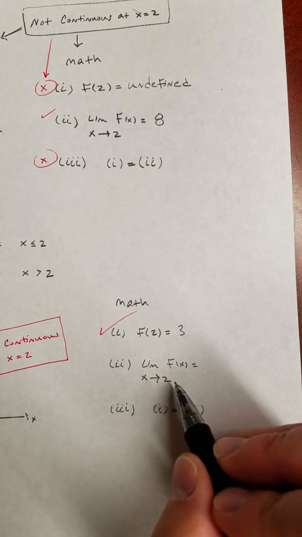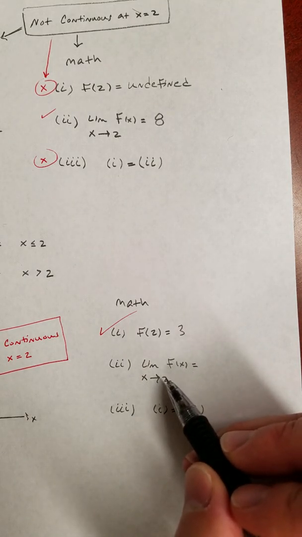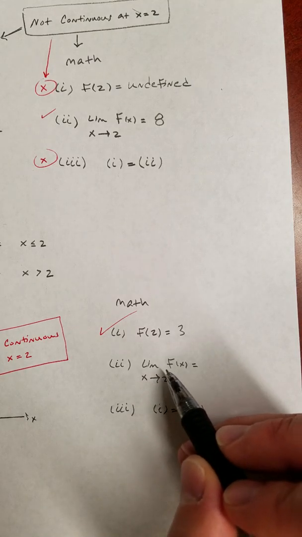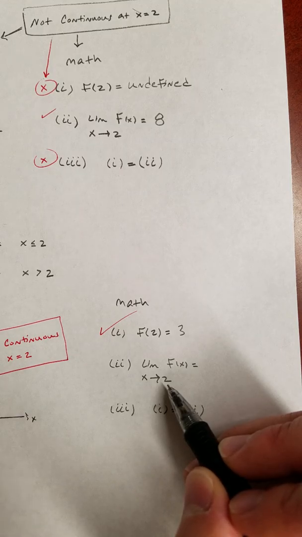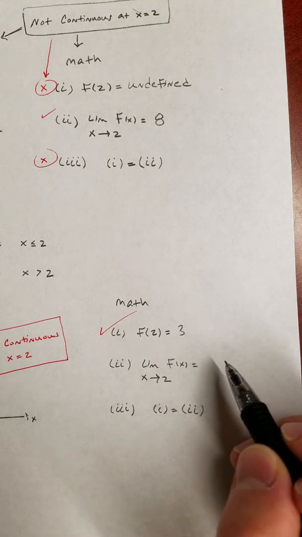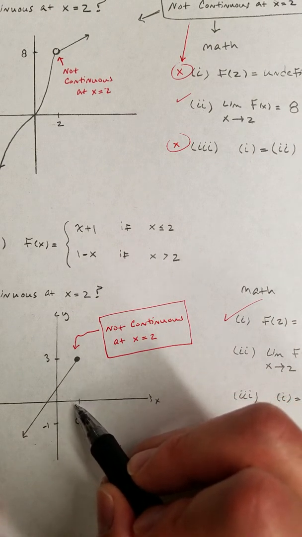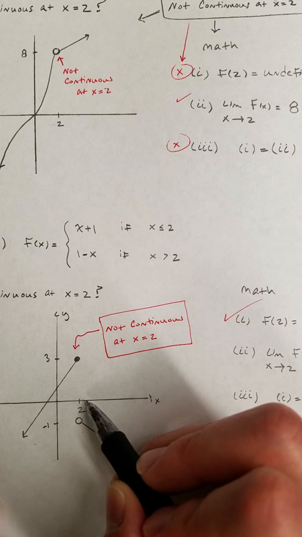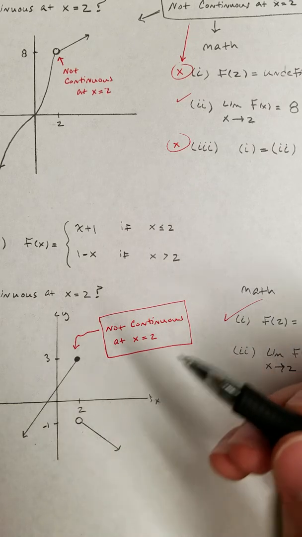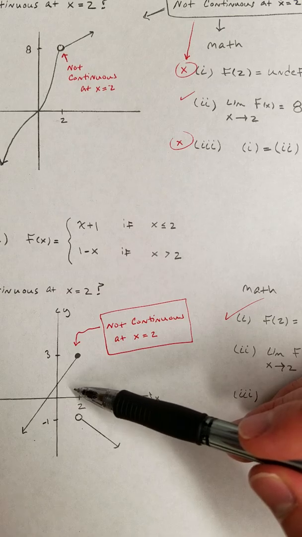What's the limit as x goes to 2, f of x? What's that mean? It means if you let your x's be microscopically close to 2, 2.1, 2.01, 1.9, 1.99, where are the y's? What number are the y's close to? Well, if the x's are close to 2, it's not going to put the y's close to any one particular number. Like, what if x was 1.9 or 1.99?